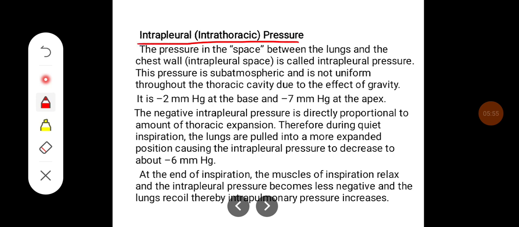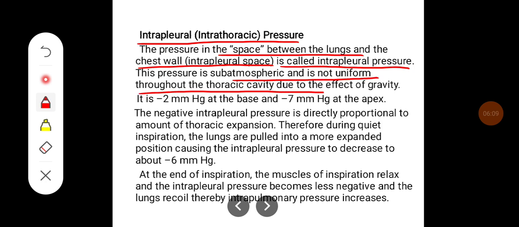Intrapleural pressure. The pressure in the space between lungs and the chest wall, that is the intrapleural space, is called intrapleural pressure. This pressure is subatmospheric and is not uniform throughout the thoracic cavity due to the effect of gravity. It is minus 2 mmHg at the base and minus 7 mmHg at the apex.